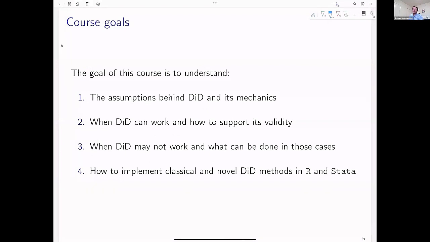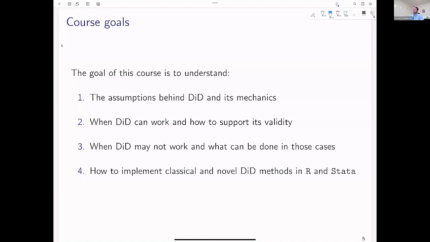Okay, so the goal of this workshop will be to understand first the assumptions behind a diff-in-diff and how diff-in-diffs work. Okay, so how do we estimate treatment effects using diff-in-diff? What assumptions do we need? Number 2, we're going to discuss in detail when the diff-in-diff can work, and then when it does, how to support its validity.